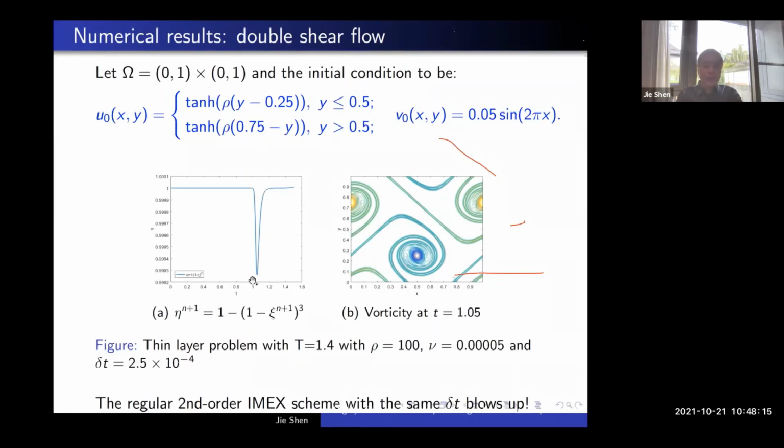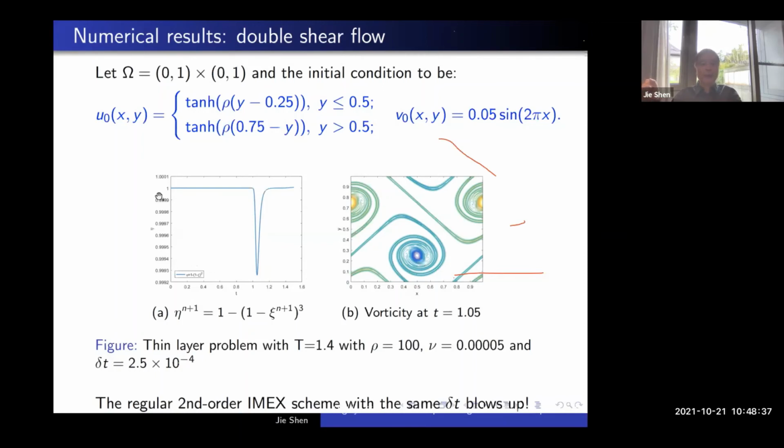This problem, at around this time, has a very complex structure, so that if you use a semi-implicit scheme with this parameter, it blows up. It cannot continue.